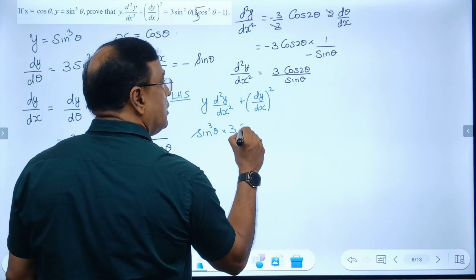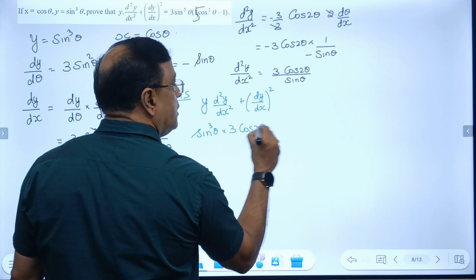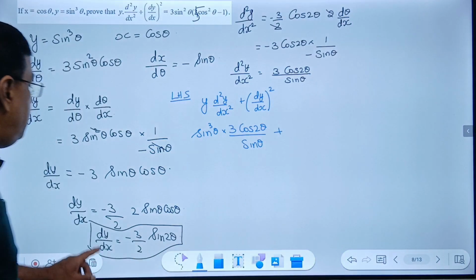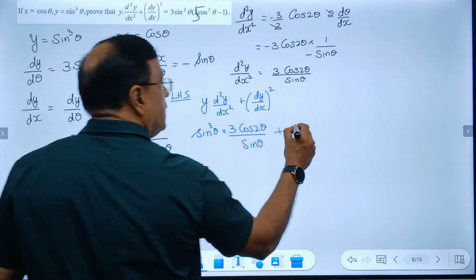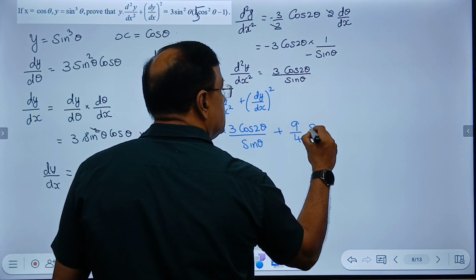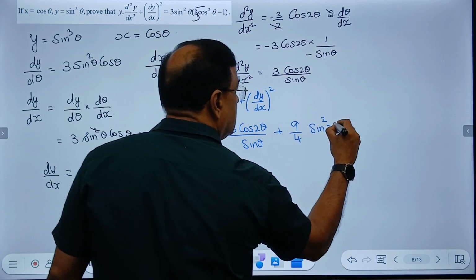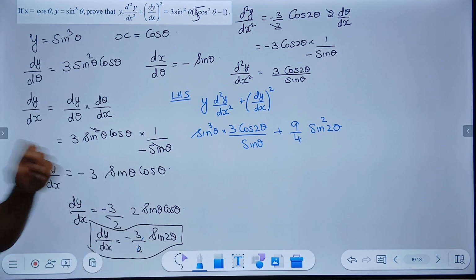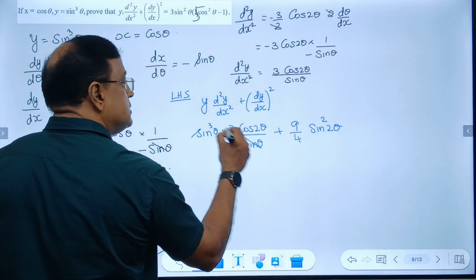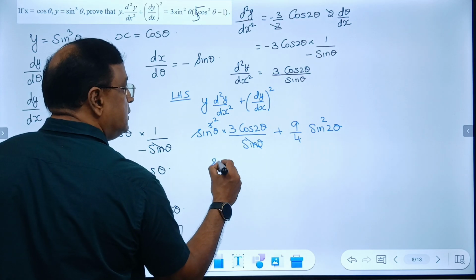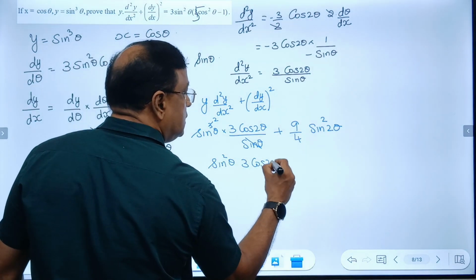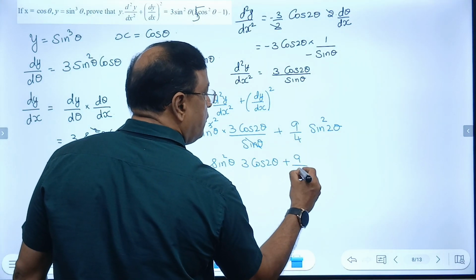It is 3 cos 2 theta by sine theta plus dy by dx whole square. So it will be 9 by 4 sine square 2 theta, correct? dy by dx whole square, 3 square is 9, 2 square is 4, sine square 2 theta, minus becomes plus. So they get cancelled. So I get sine square theta into 3 cos 2 theta plus 9 by 4.